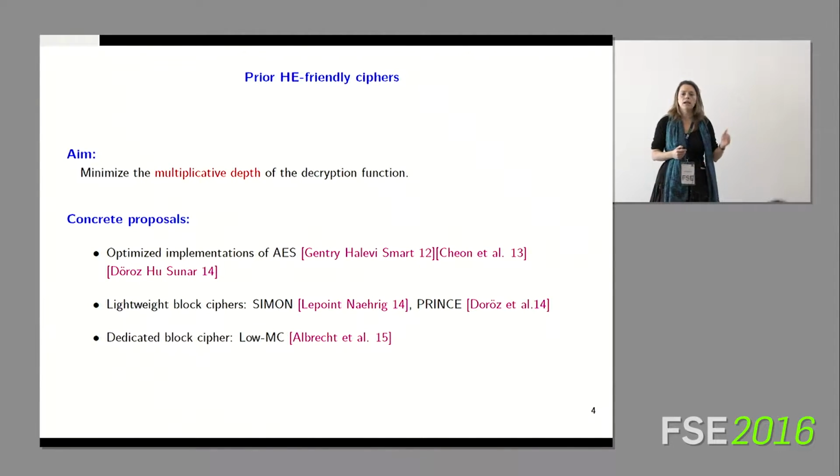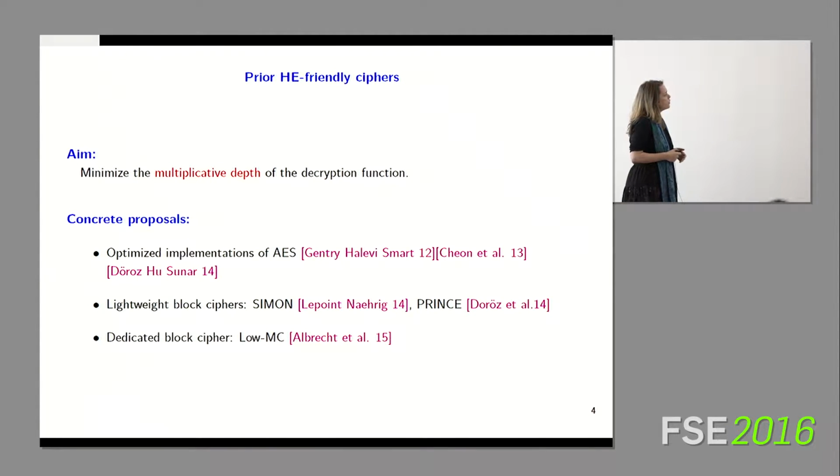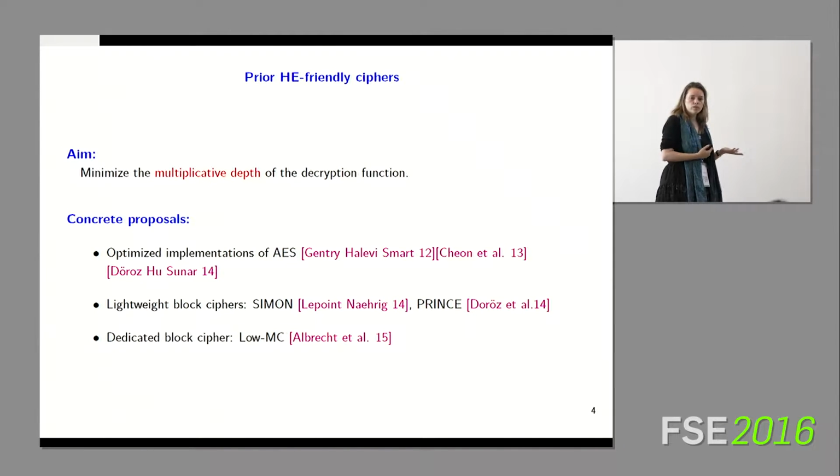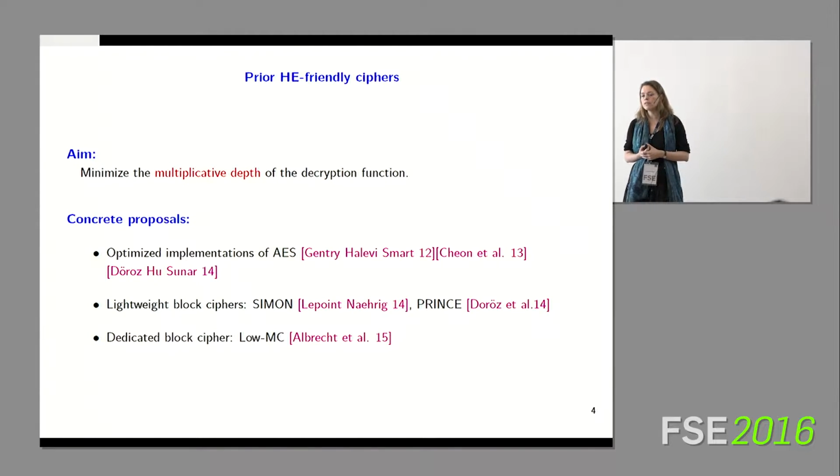There have been several works in this direction. First of all, the multiplicative depth of decryption has been investigated for several optimized implementations of AES. And of course, some natural candidates for this are the recently proposed lightweight block ciphers. But it appears, if you look into more details, that the performances we get with these lightweight block ciphers are usually much worse than what we get with AES.